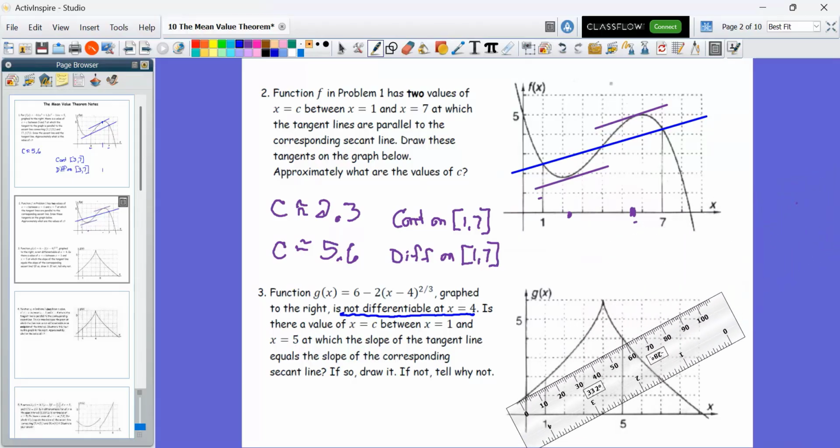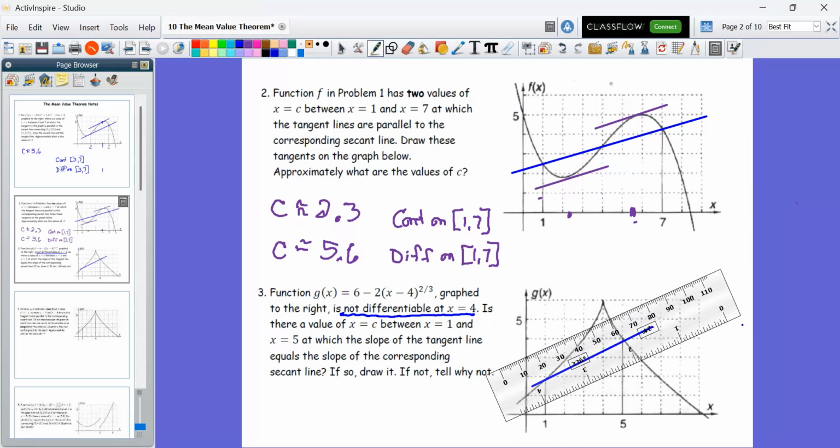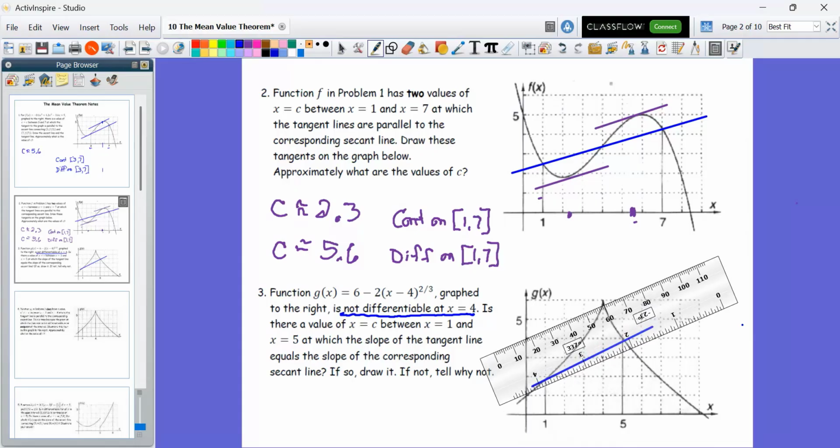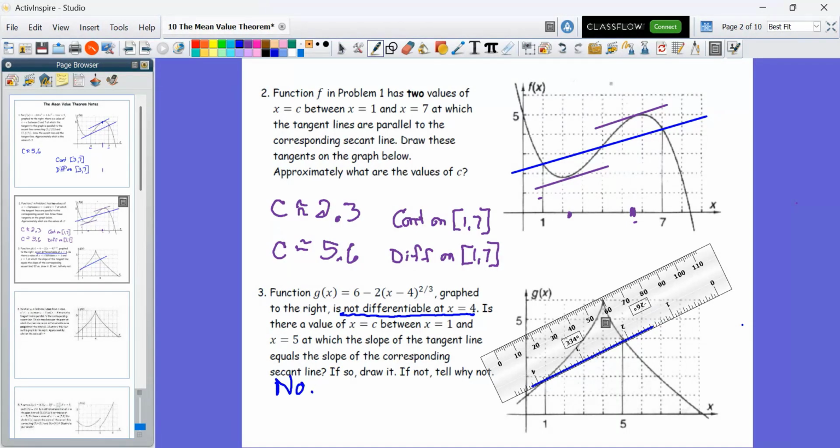So the first thing we do is we want to draw the secant from when x is 1 to where x is 5. And now we're going to slide our ruler so that it's parallel. Ooh, it looks like there should have been a place, but there isn't because of that cusp. So no is our answer. And why is that?